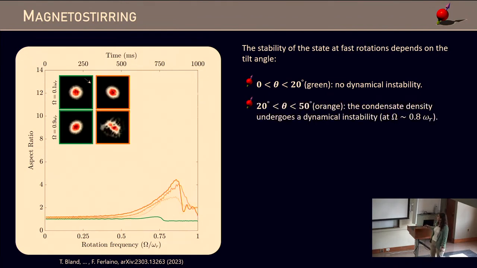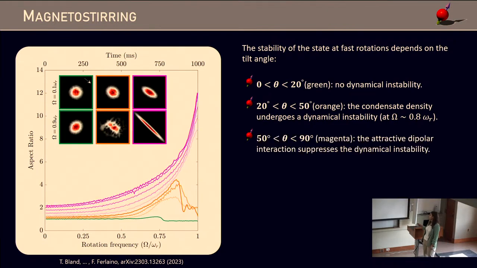For intermediate values of this angle, we see that the aspect ratio of the system increases, reaches a maximum, and after that it basically collapses again. This is the moment in which the system undergoes the dynamical instability, and after that we have vortex nucleation. You can see that there are holes in the middle of the system.